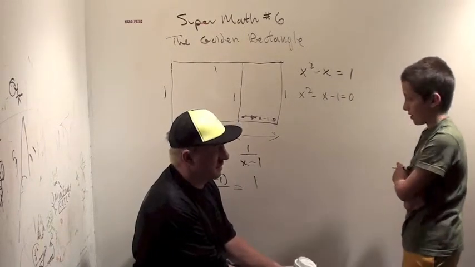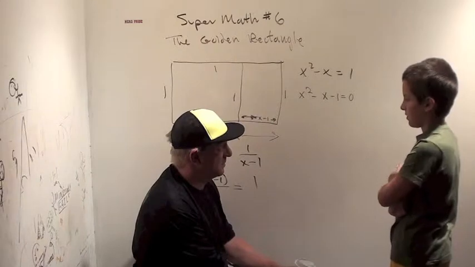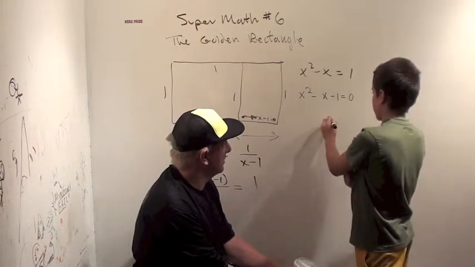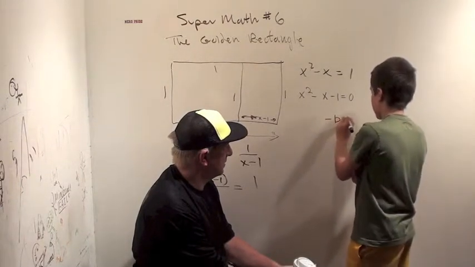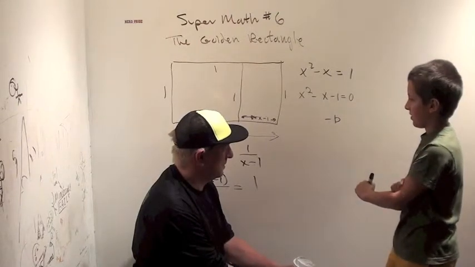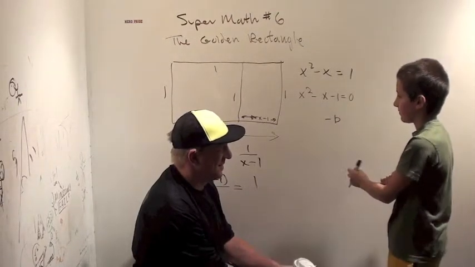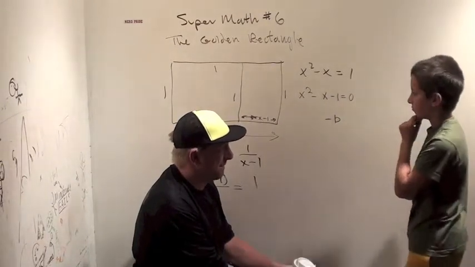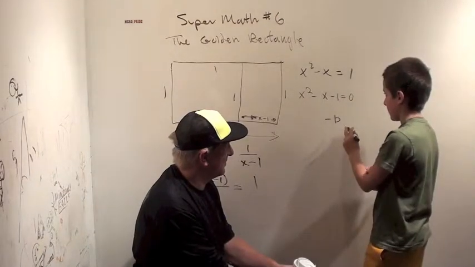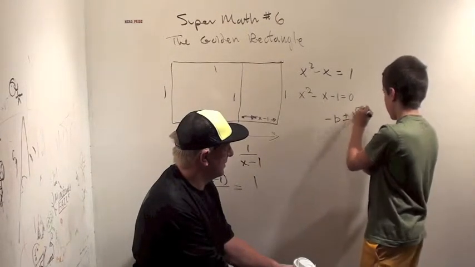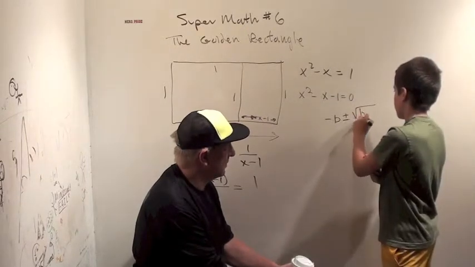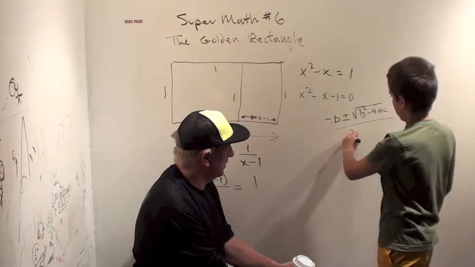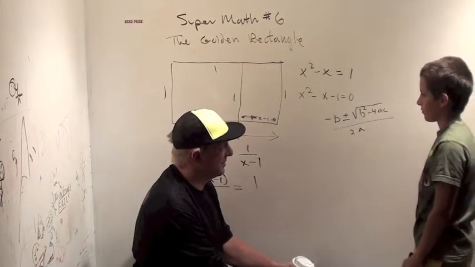You use the quadratic formula. It's minus b plus or minus the square root of b squared minus 4ac, all over 2a.